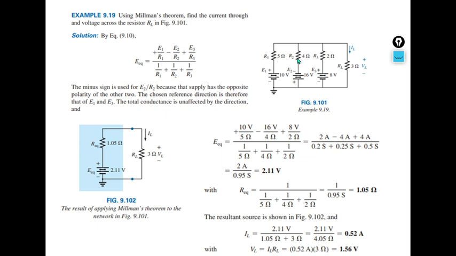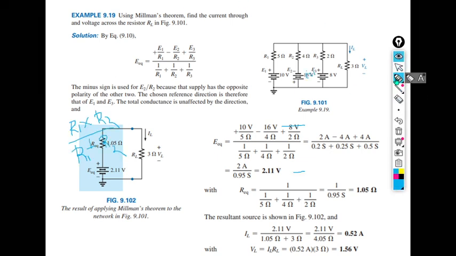So G1, G2 and G3 you get, and the total G. Then connect the current source with GT and RL. Now to find RT, you have to do 1 by GT.